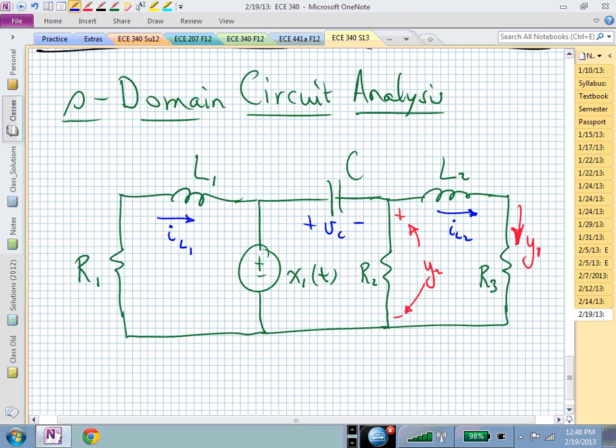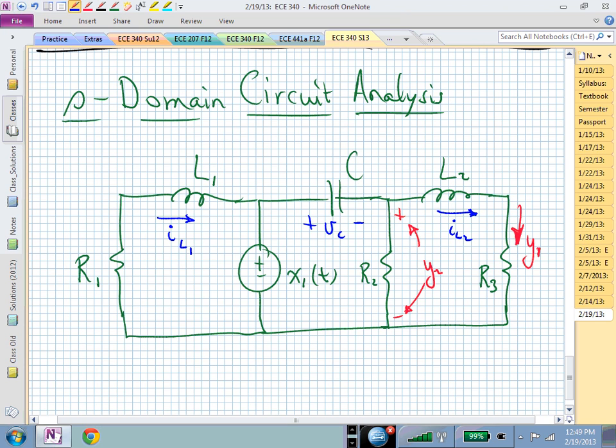You now are given X sub 1 as a function of time, from t onwards. You're given I sub L sub 1 at 0 minus. You're given V sub C of 0 minus, and you're given I sub L sub 2 of 0 minus. Now, go back to your cubicle and work this problem, right?